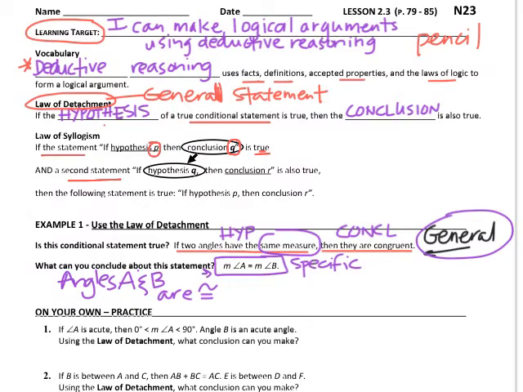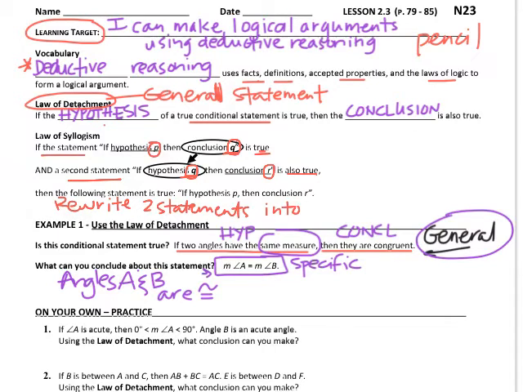And then it says if hypothesis Q, notice that the Q came from the conclusion from the first statement, but now Q is the hypothesis of the second statement, then conclusion R is also true. Okay, so basically you can rewrite the two statements into one statement.